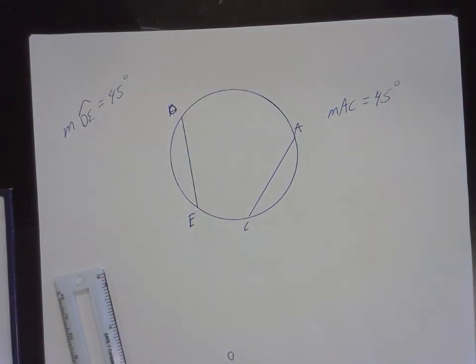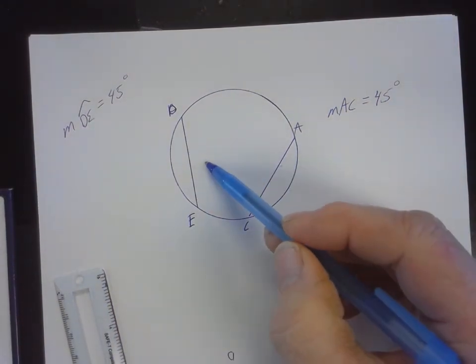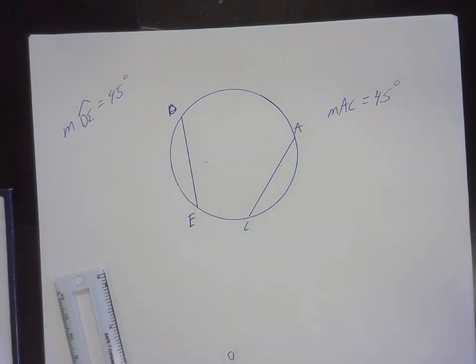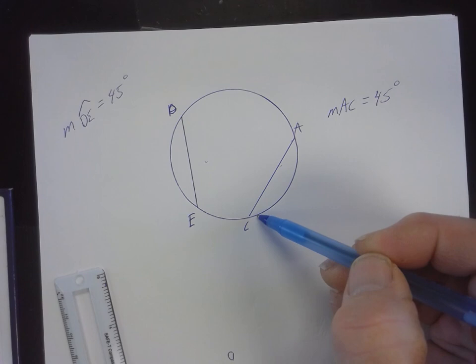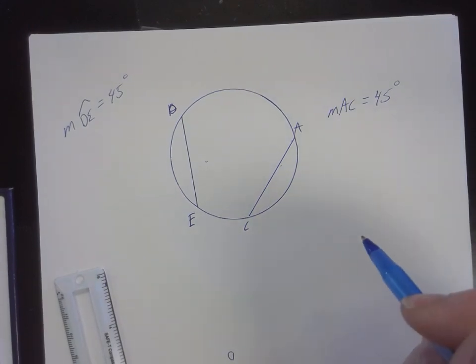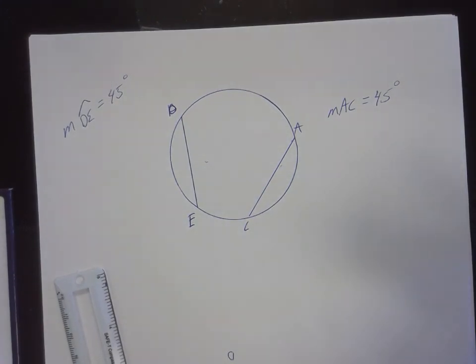Well, what do you know about the two chords? Yeah, they have to be the same length, don't they? The only way they can cut an arc that has the same measure is if the two chords are the same length. So that's just the converse of the same theorem.